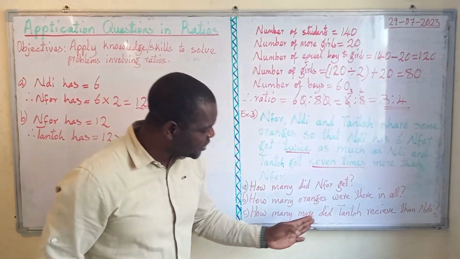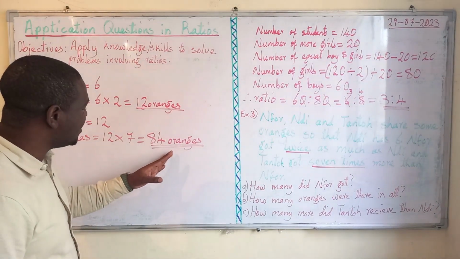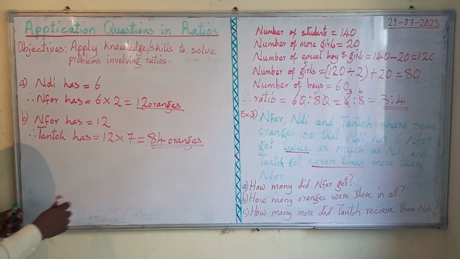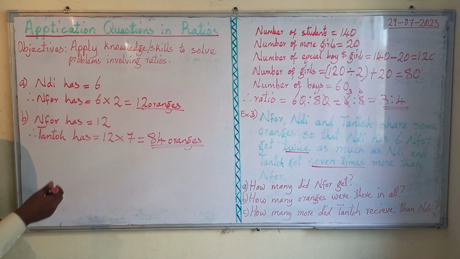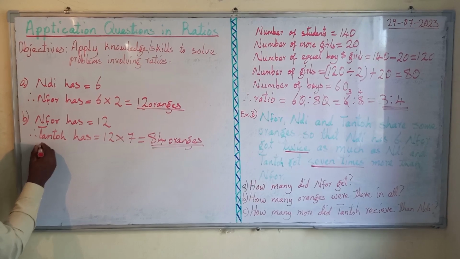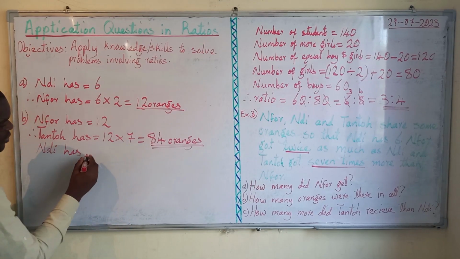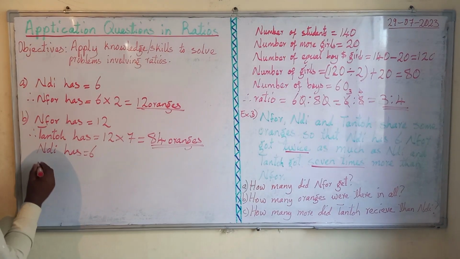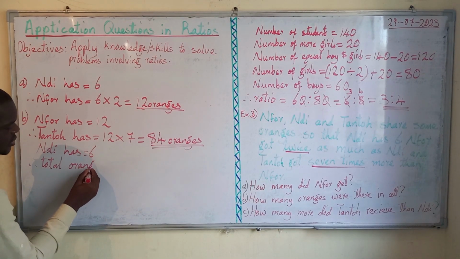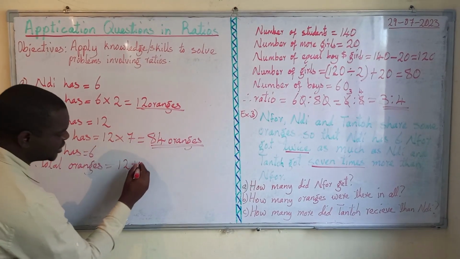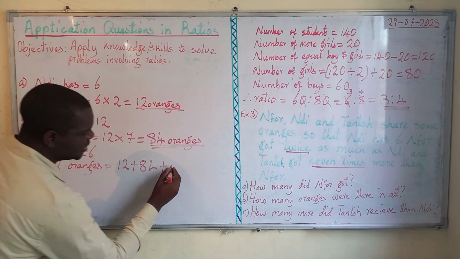This is not our final answer. 84 oranges is for Tanto, so we need the total number of oranges. We can also outline this share. Ndi has, we already know, Ndi has 6 oranges. Therefore, total oranges will be equal to Mfo 12 plus Tanto 84 and Ndi 6.